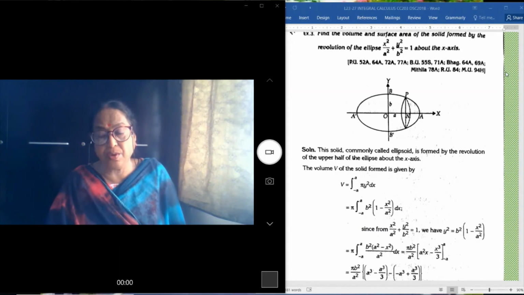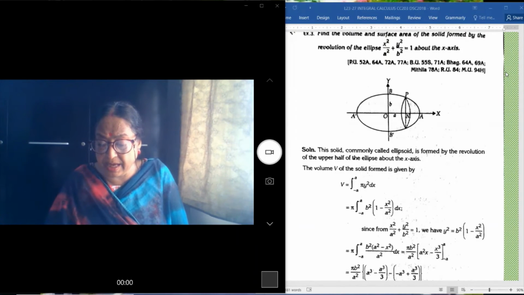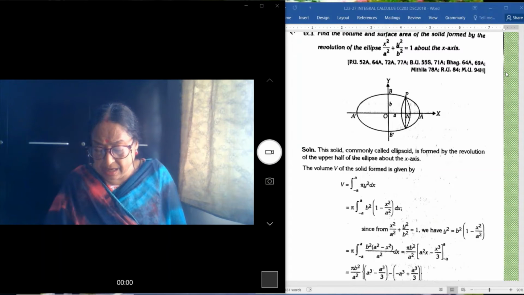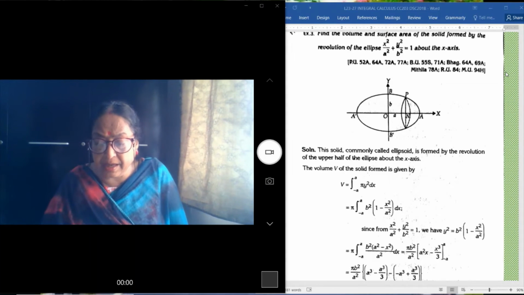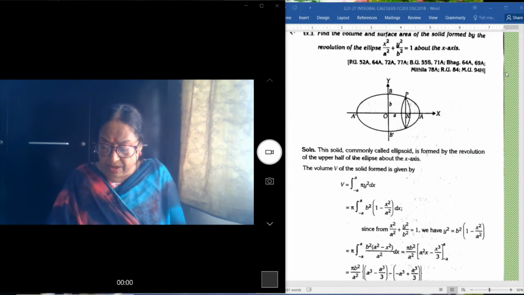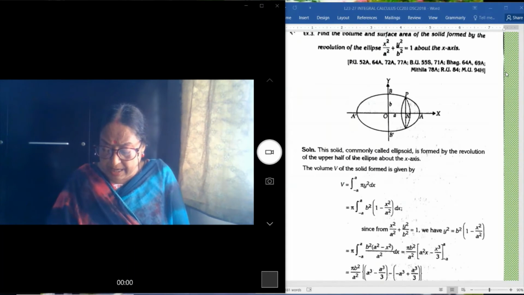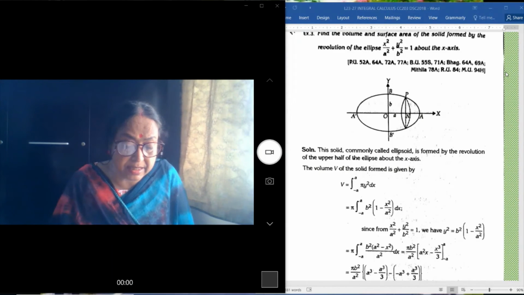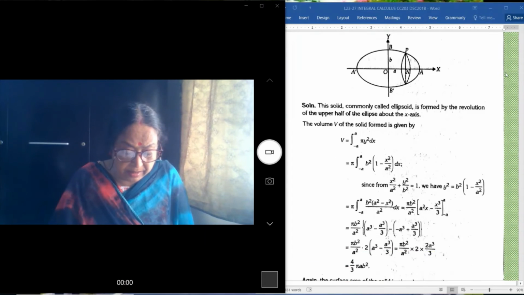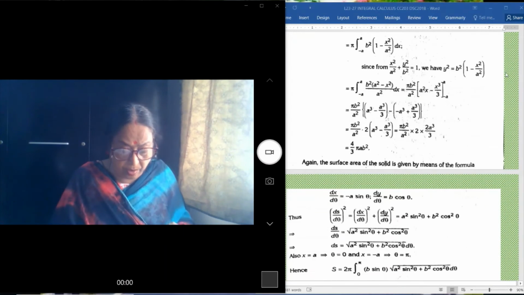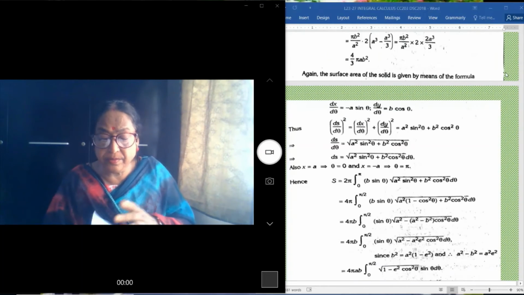Again V is equal to pi y square dx, converting y square into x square and then integrating over the limit minus a to a, we get the value of the volume. And S is equal to 2 pi y ds. Again finding the value of ds and putting its limit, we get the required value.